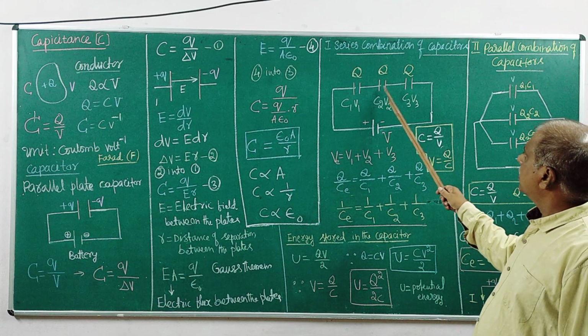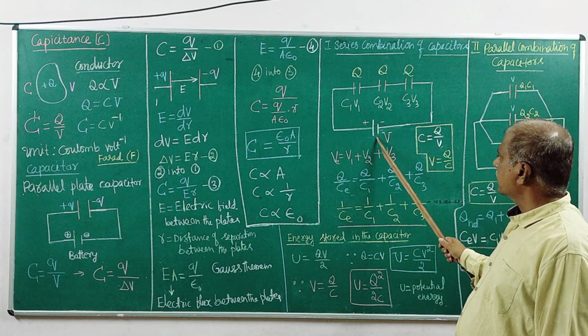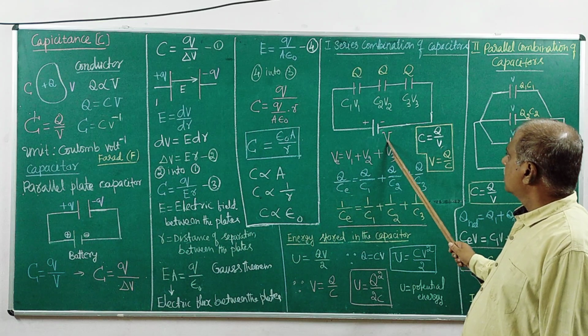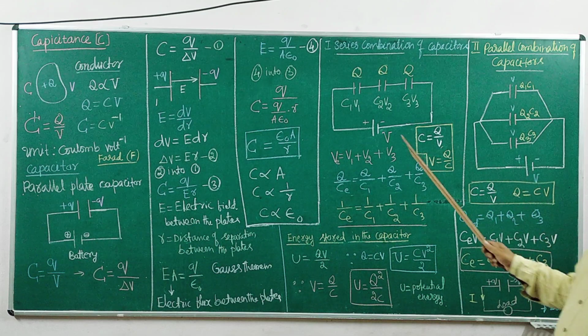So, if this series network is connected to a DC battery, what will happen here?